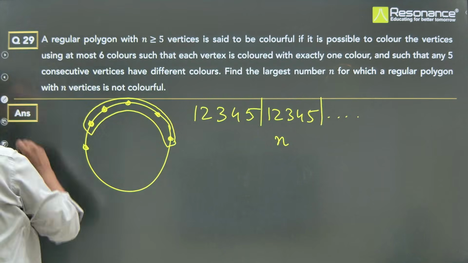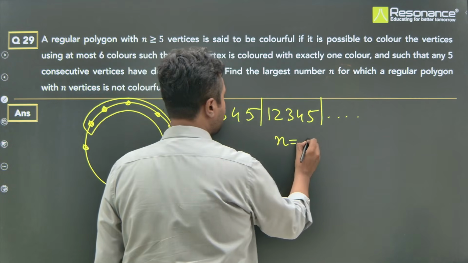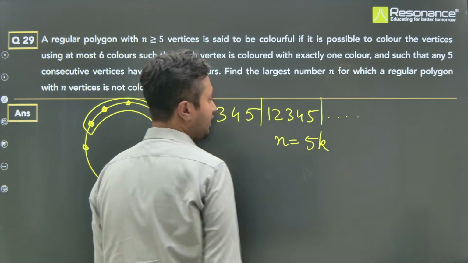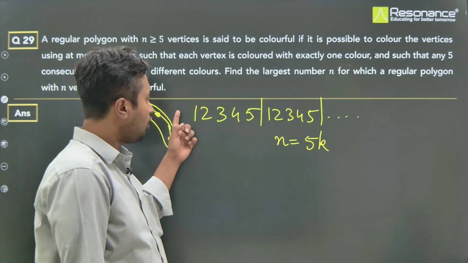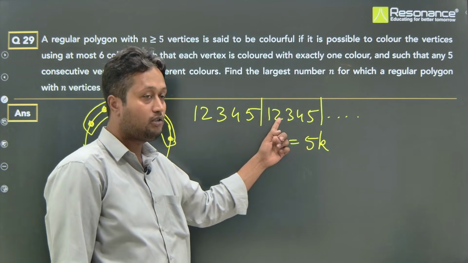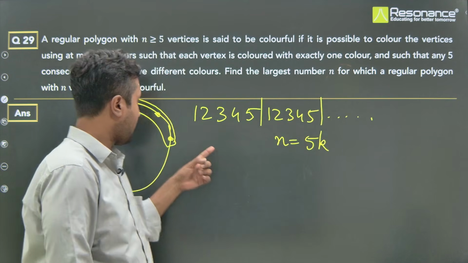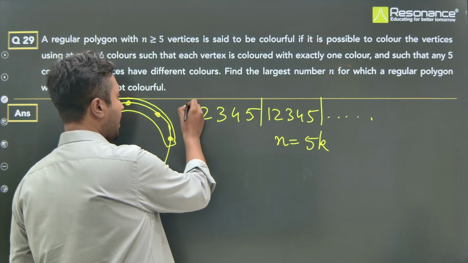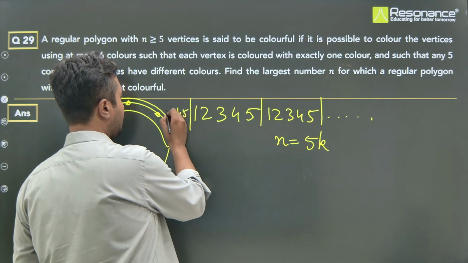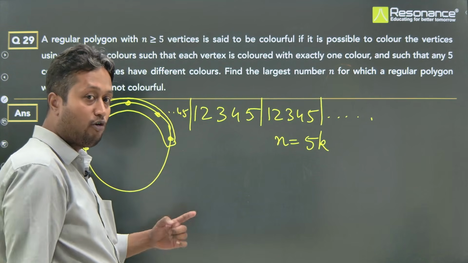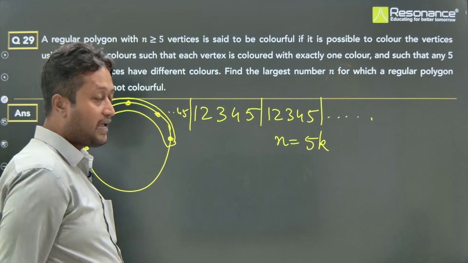So suppose n is a multiple of 5. If n is a multiple of 5, then all I can do is 1, 2, 3, 4, 5, 1, 2, 3, 4, 5, and just cycle it up. Eventually, this will come back to 4, 5 and go in a cycle.